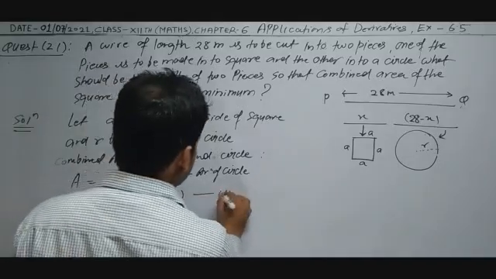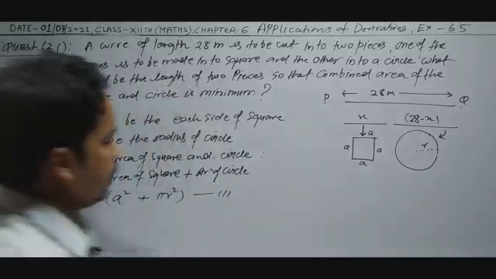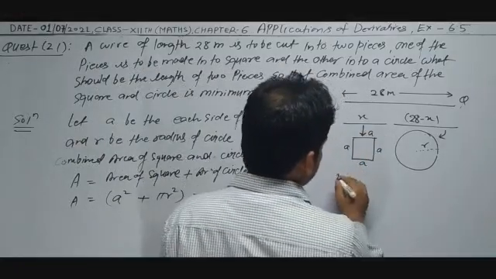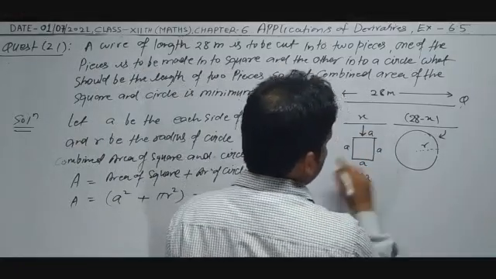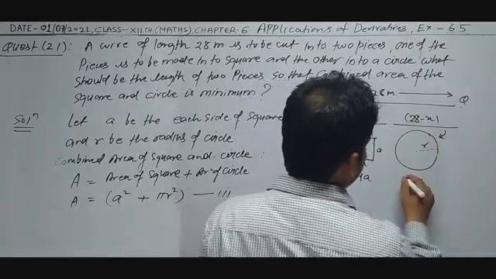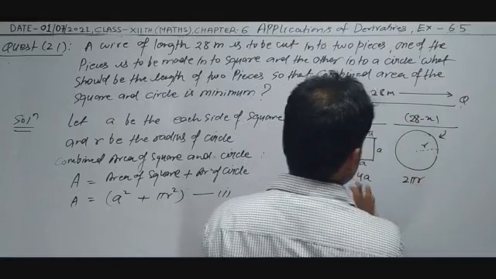So suppose equation 1, and from the figure you know its overall length x is equal to 4a. This is the perimeter, and the circle's is 2 pi r.